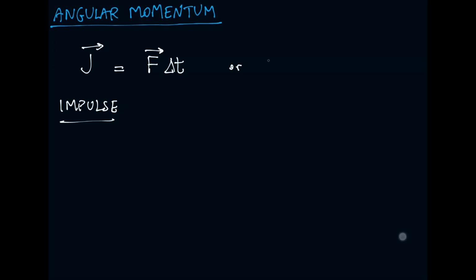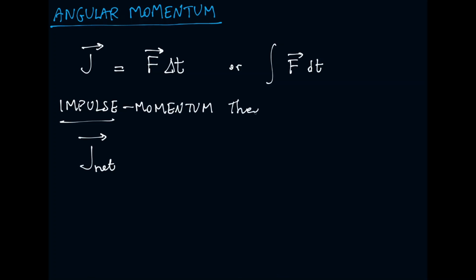Or if we want to be extra precise, it will be some integral of F dt. And we said that this was the impulse momentum theorem, which told us that the net impulse on an object was equal to the change in the momentum of this object.